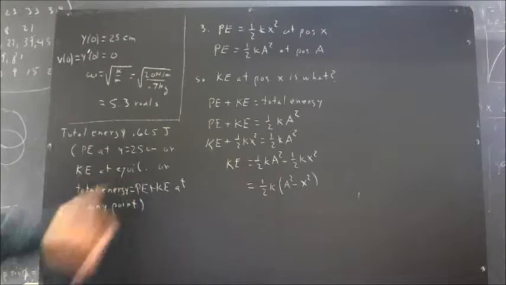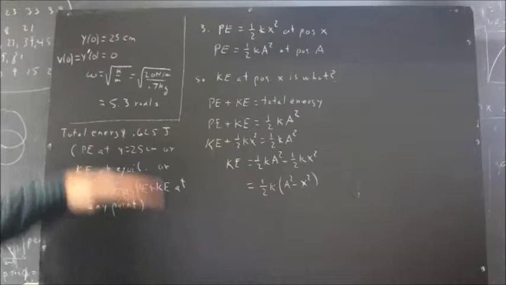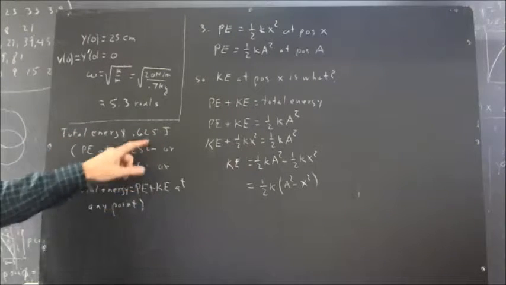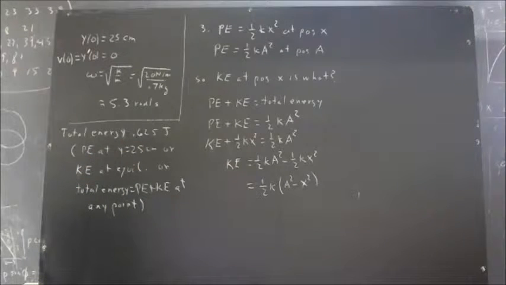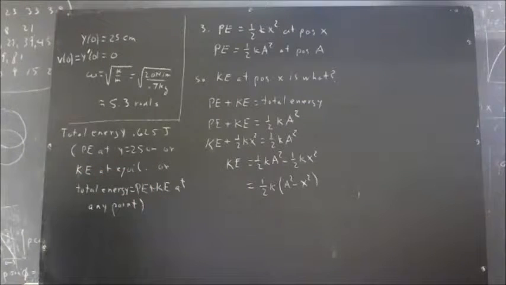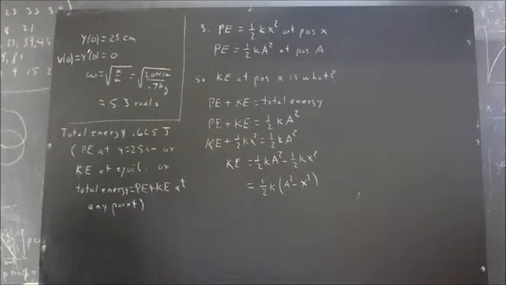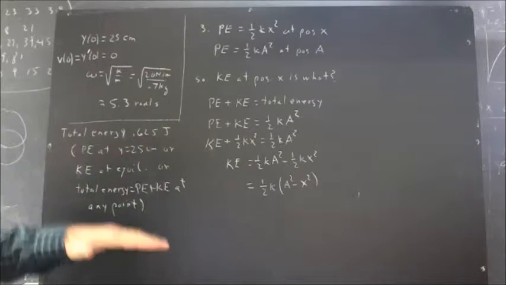So now what do we have? We have a pendulum, or a mass on a spring, oscillating in simple harmonic motion. Its total energy is 0.625 joules, and that is its potential energy at the 25 centimeter position. That is also its kinetic energy at equilibrium, because at equilibrium its potential energy is 0.